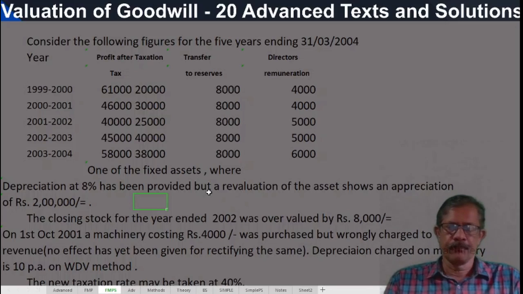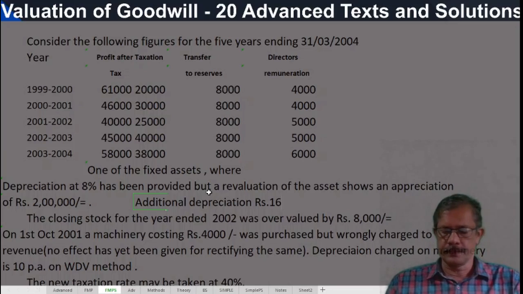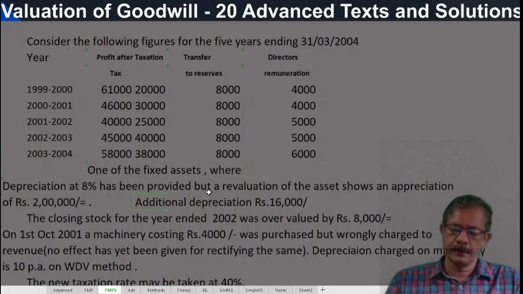Very important. A distinction should be made between capital and revenue items. So here additional depreciation will come. Additional depreciation, rupees, how much will it come? 8% of 2 lakhs, 16,000. Okay.